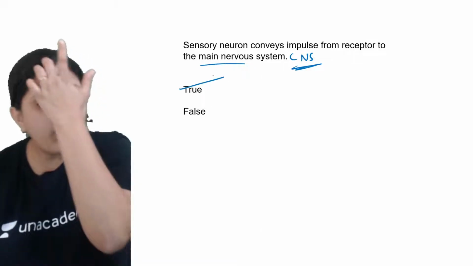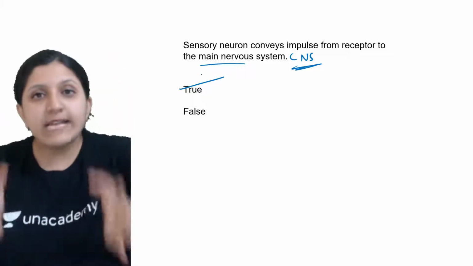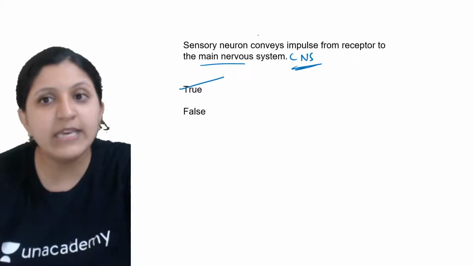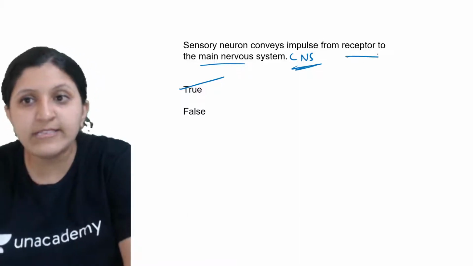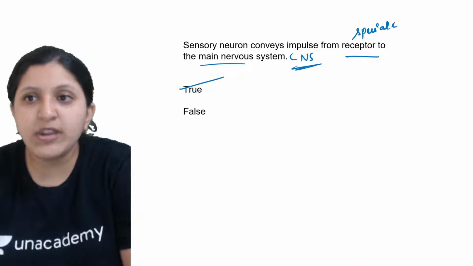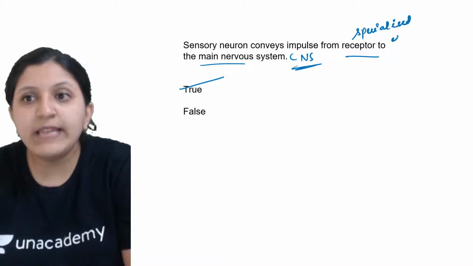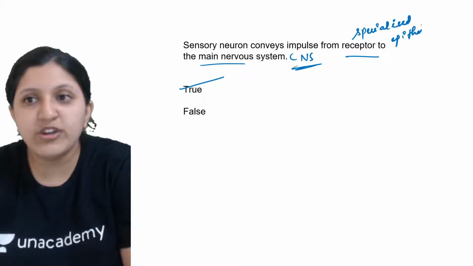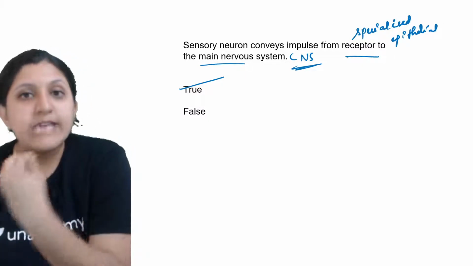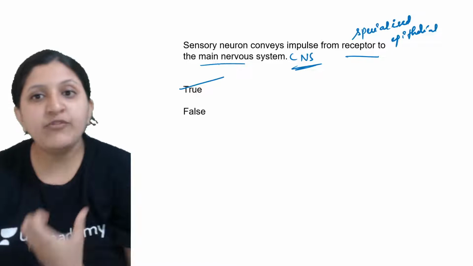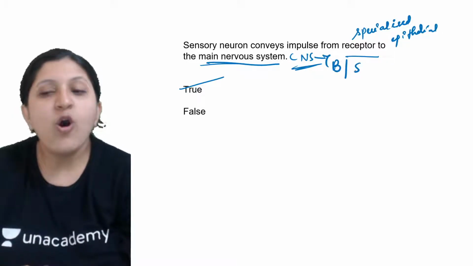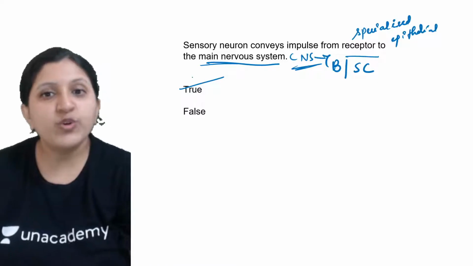Sensory neurons have the function of carrying the impulse from the receptor, that is a specialized epithelial tissue, to the central nervous system, that is the brain or the spinal cord. So it is true.